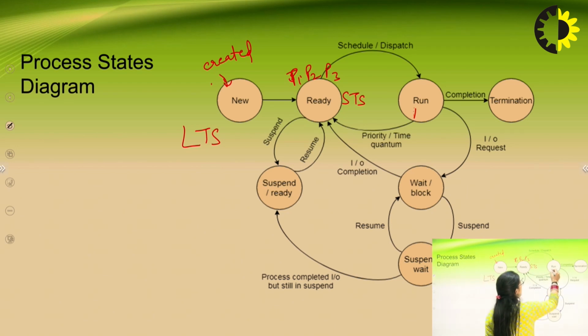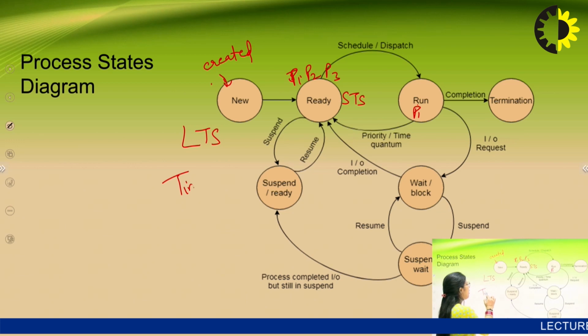When the CPU is running a particular process, let's say in a time-sharing or multitasking operating system, we have discussed a word, time quantum, where the CPU is given for a particular time to a particular process.